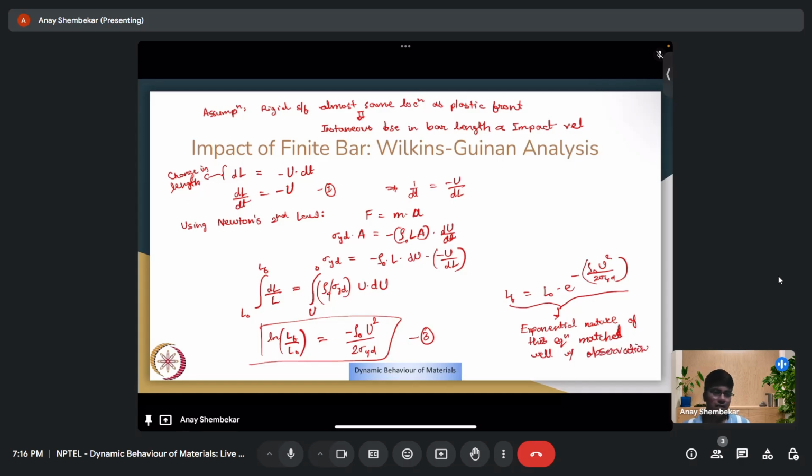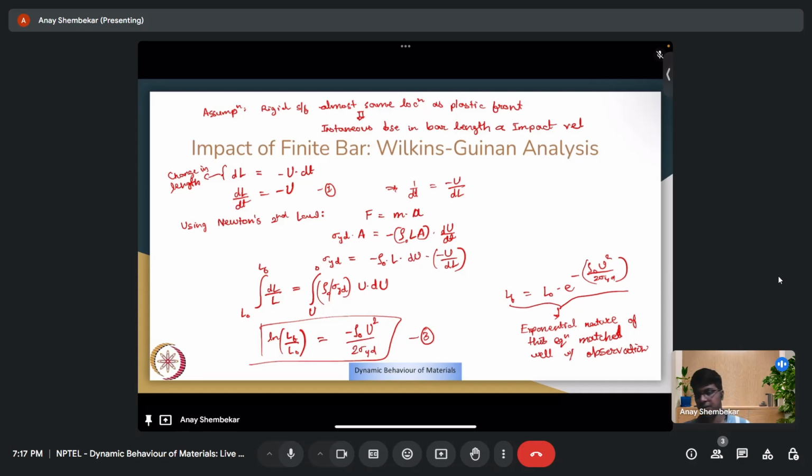So they still haven't arrived at the final equation, but they were able to see that this sort of form, where final length is initial length times e raised to minus u square by sigma yd, matches well with what we are seeing in reality.